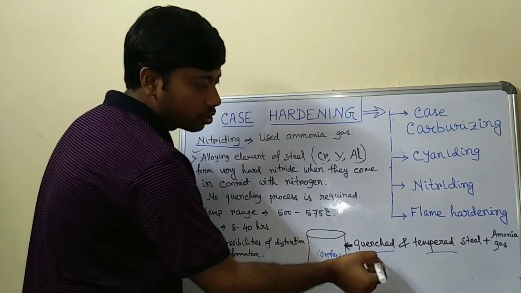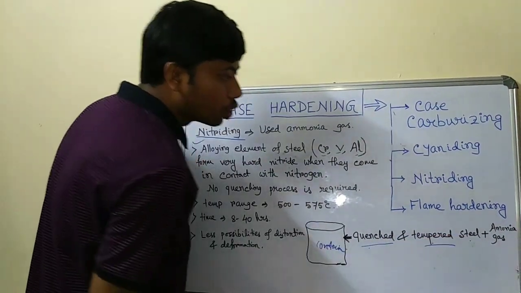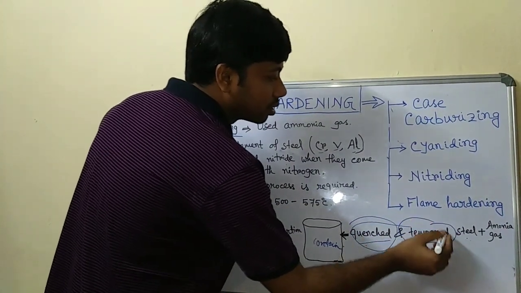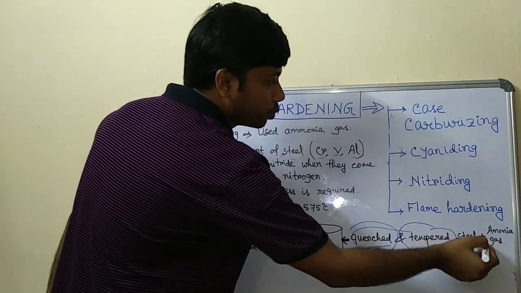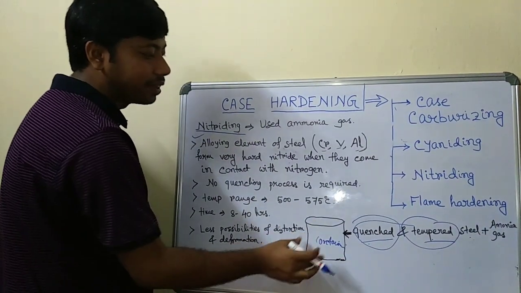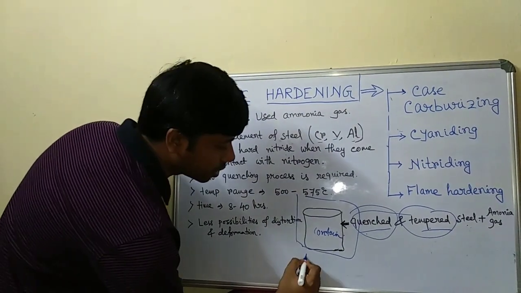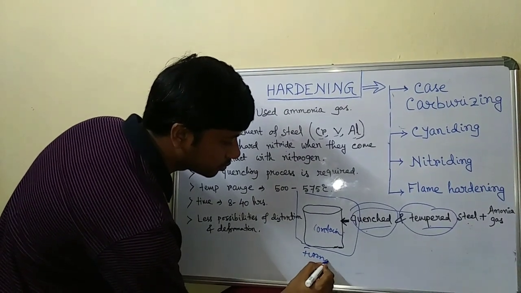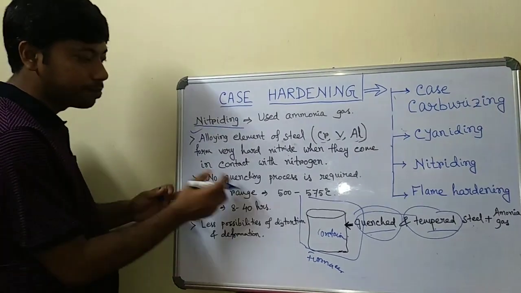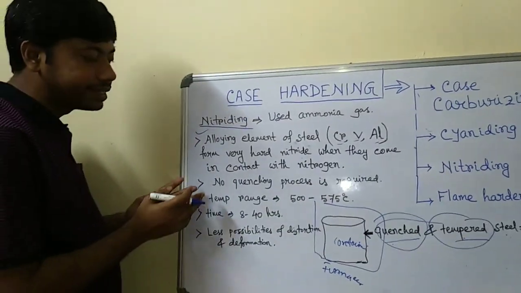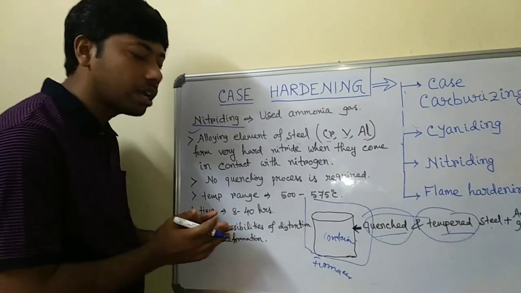That steel is placed with ammonia gas in a container and kept in a furnace at a temperature range of around 500 to 575 degrees Celsius for 8 to 40 hours.